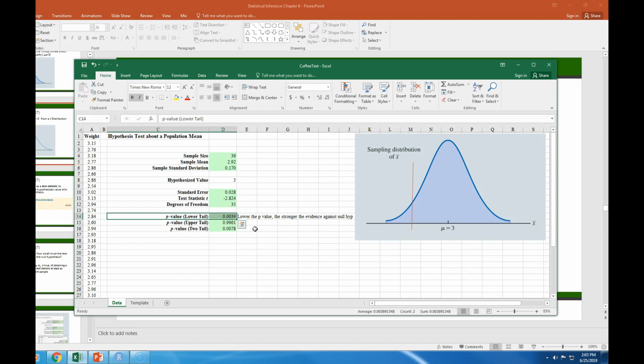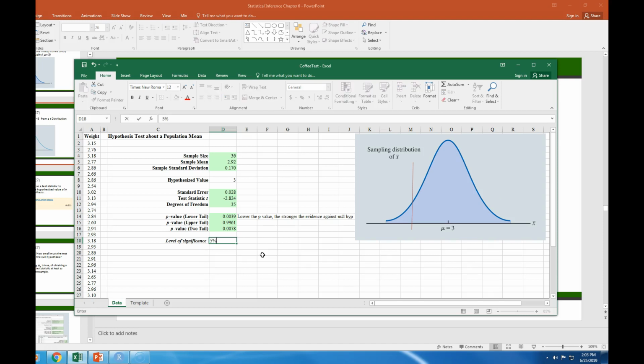Another way to make a decision rule is to set a level of significance, which we defined earlier as the probability of making a type 1 error. Normally, the commonly used levels of significance are 10%, 5%, or 1%, 5% being the most common.